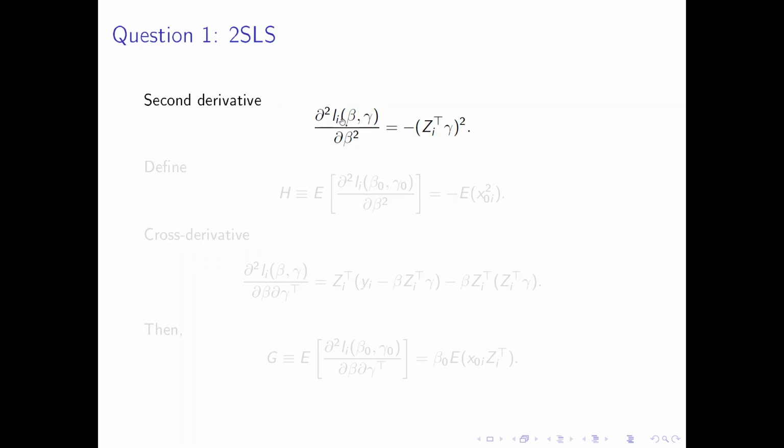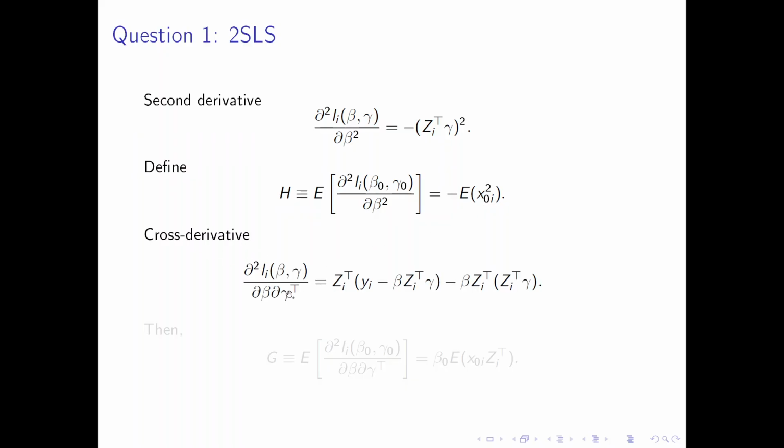And now differentiate the first derivative with respect to beta again, then you get this guy, right? And then we will need its expected value at the true parameter, so you get this. So this much when gamma was gamma 0, this will become x0 squared, and then take expectation there. We get this. And then differentiate with respect to gamma transpose.